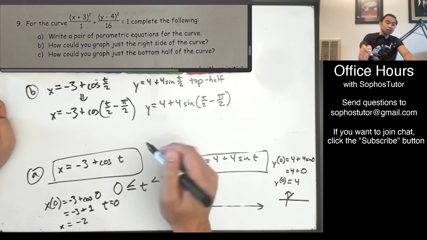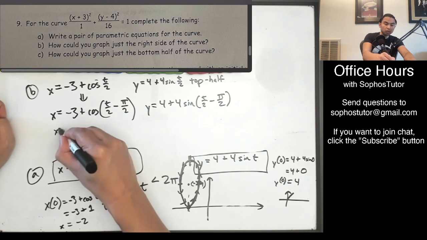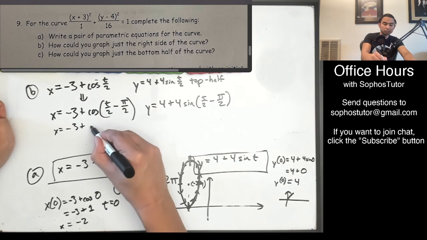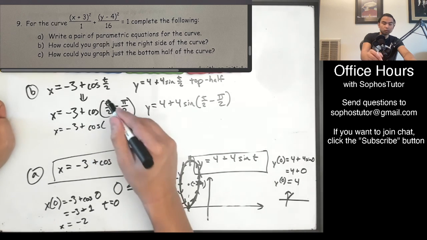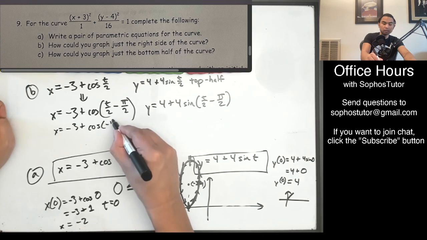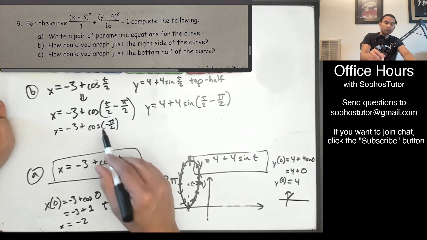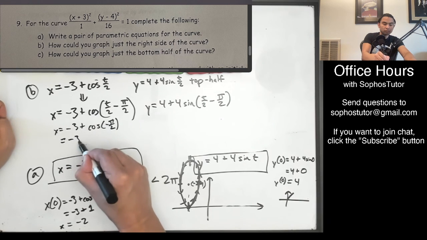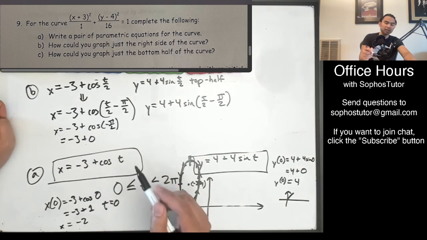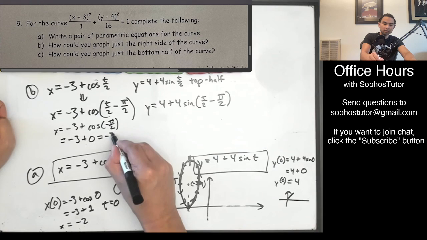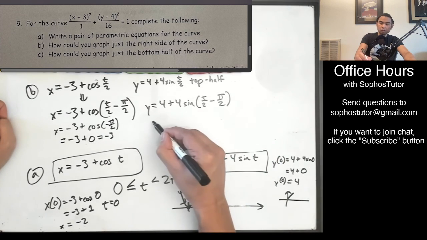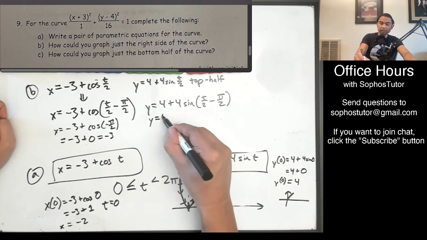Let's test that out. Again, we're plugging in t equals 0 now. Well, the cosine of negative pi over 2 is 0. Right? If you don't believe me, go ahead and check in your calculator. So our starting x is going to be negative 3.